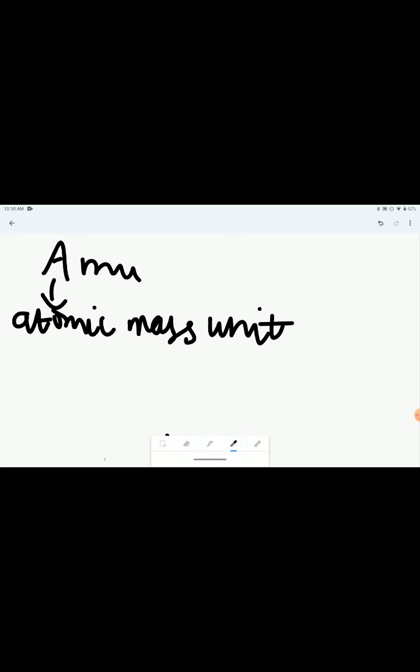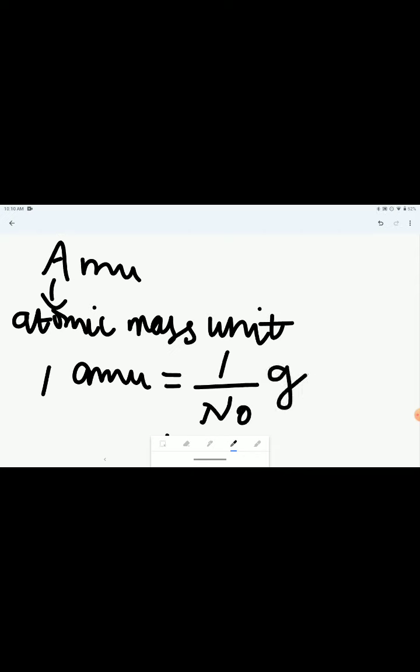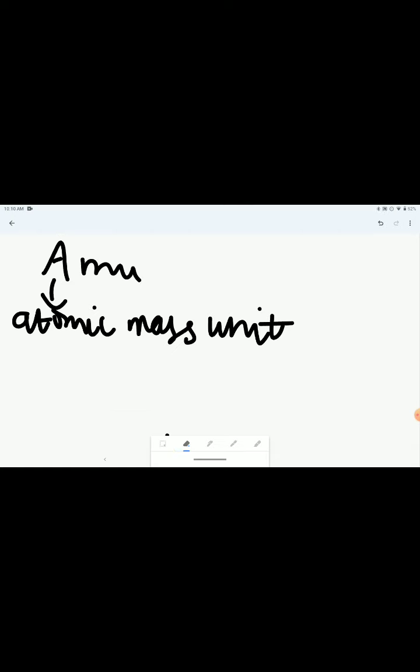And also 1 AMU is equal to 1 by Avogadro number of grams, which is 1 by 6.022 into 10 to the power of 23 grams. This is why atomic mass unit is introduced.